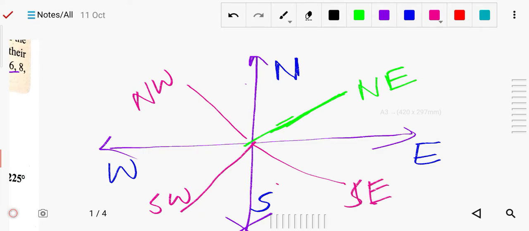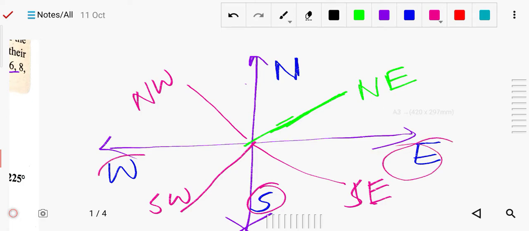Because it is between south and east, between west and south, between north and west, and between north and east. Likewise we are denoting the direction.